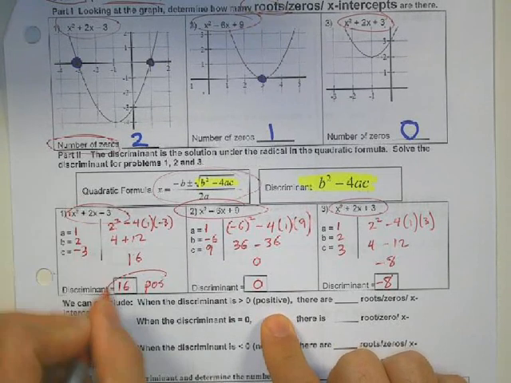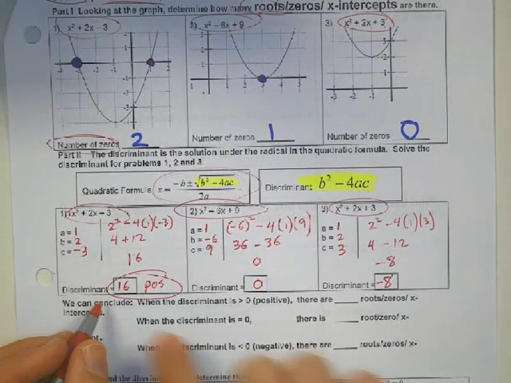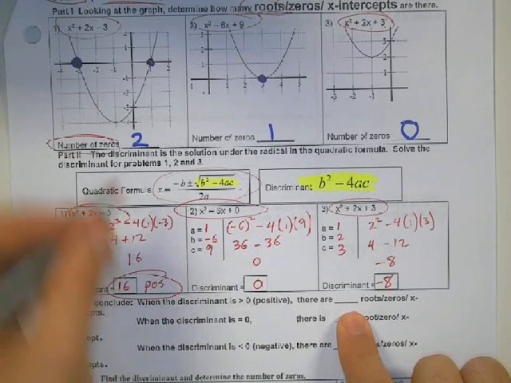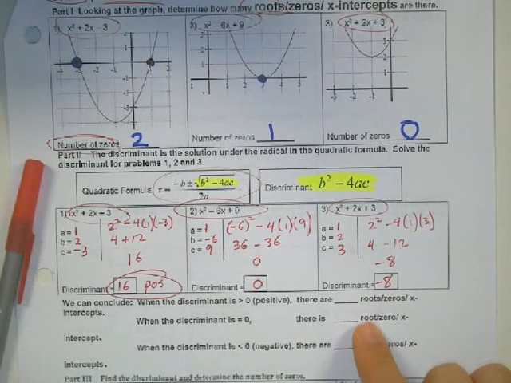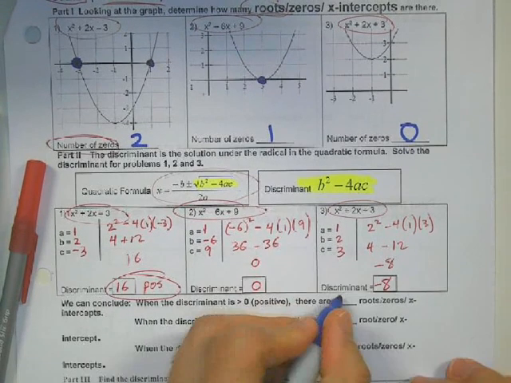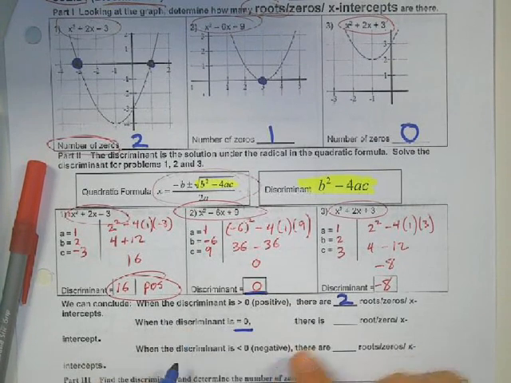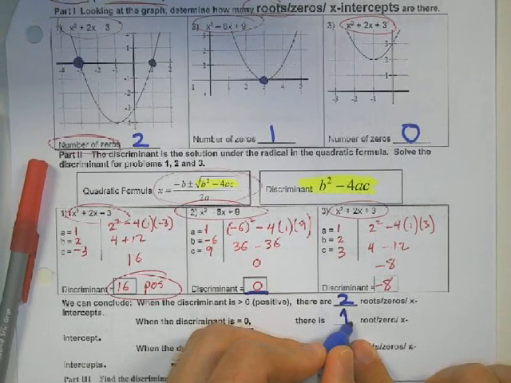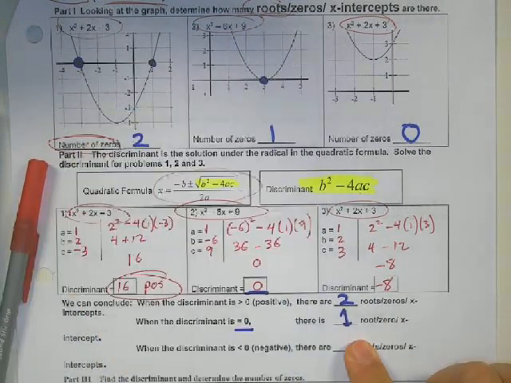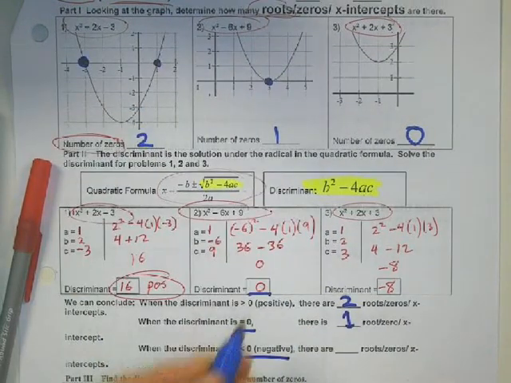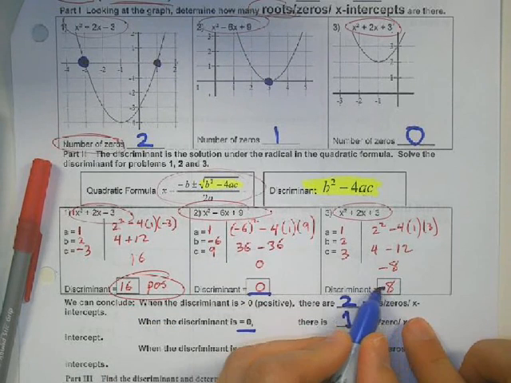When the discriminant is 0, like here, we have 1 root. Notice it crosses once. And if the discriminant is negative, like we have here, negative 8, we have no roots. So whenever the discriminant is negative, that means our parabola does not cross the x-axis.